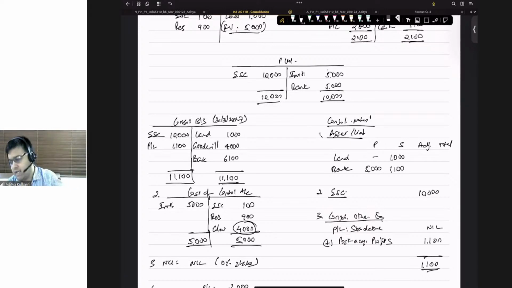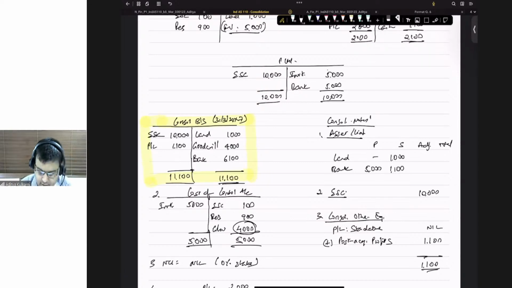Have you understood so far? Yes, this is your consolidated balance sheet.